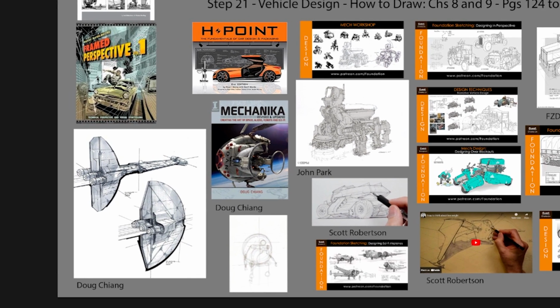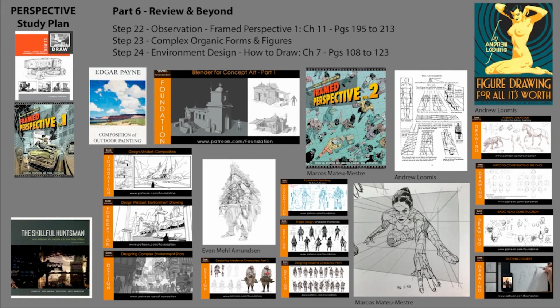Doug Chiang is one of the biggest names currently in the Star Wars design franchise, creative director, if I'm not mistaken. So we will learn a lot about process and a great eye for quality, detail versus breathing areas, some of the basic design concepts that we've seen before, but in more complex objects and vehicles.